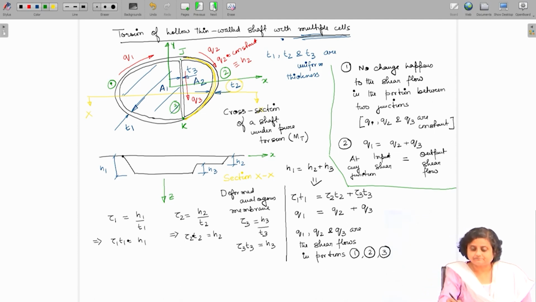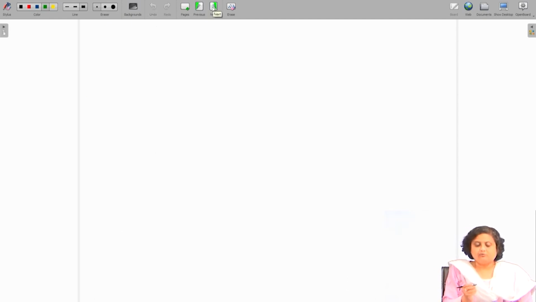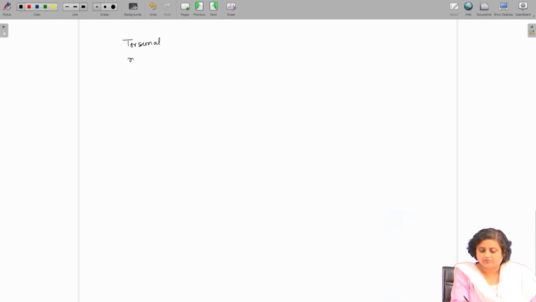So, from membrane analogy, we again know that the torsional moment MT is nothing but 2 into the volume of the deformed membrane.